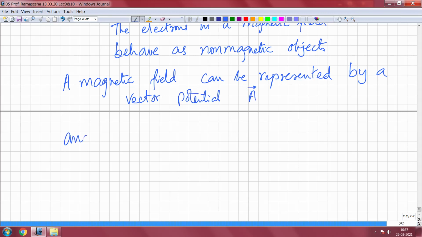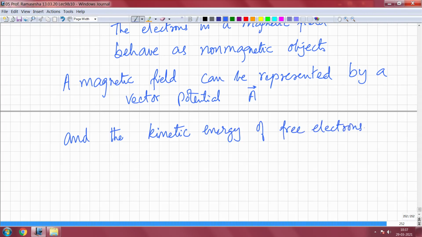And the kinetic energy, because we are considering free electrons, so they only have kinetic energy, and the kinetic energy of free electrons is given by (P minus eA/c) the whole squared divided by 2m.